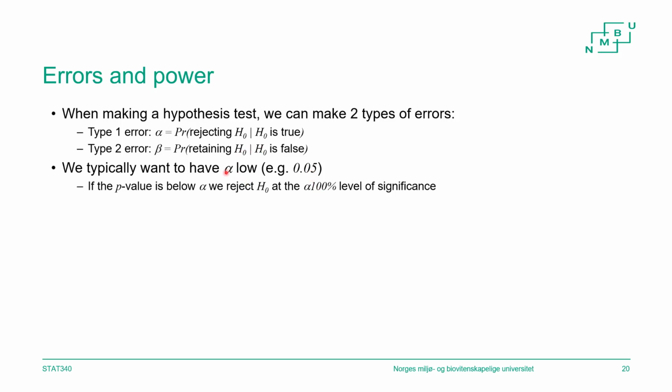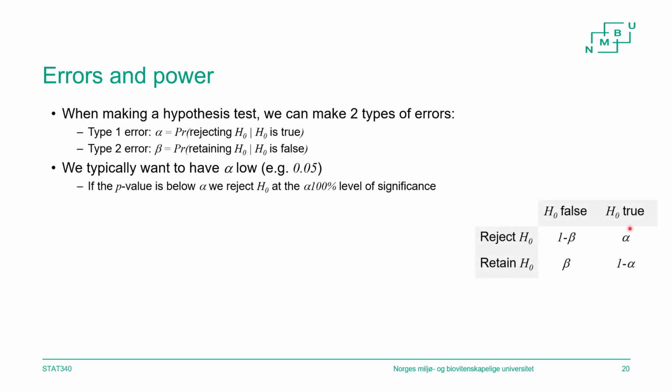So that's why we are sort of strict, right? We don't reject the null hypothesis until we are pretty sure. We don't want to make this error. How about this other one here?